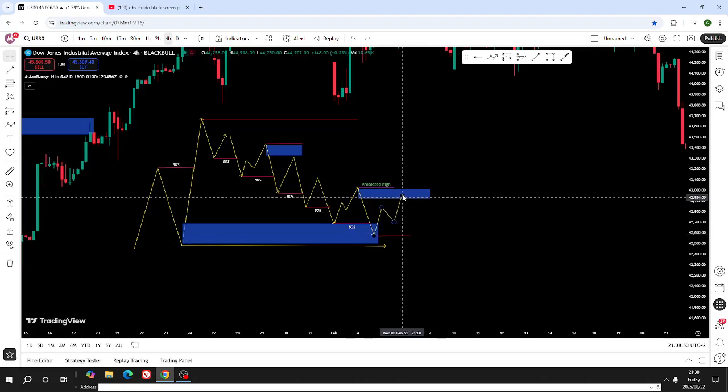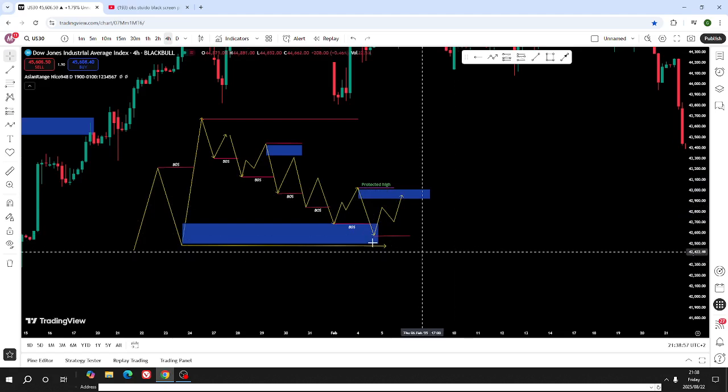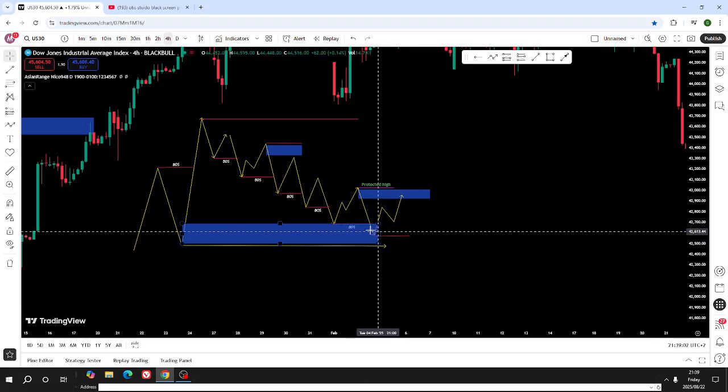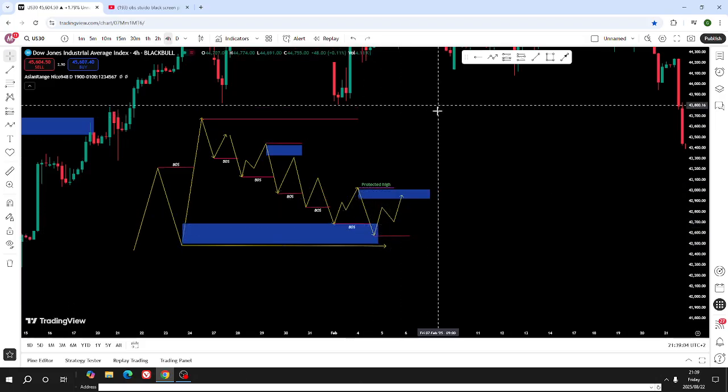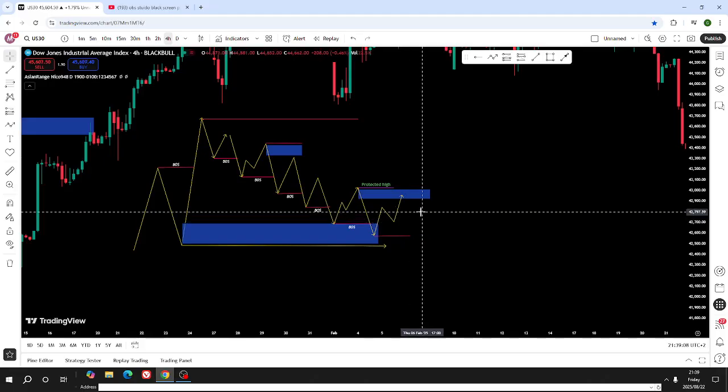The market is still down, it's still a downtrend. But we know that we tapped into the high time frame order block, the high demand, which is going to give us possible huge buys. We know that, but we need confirmations.